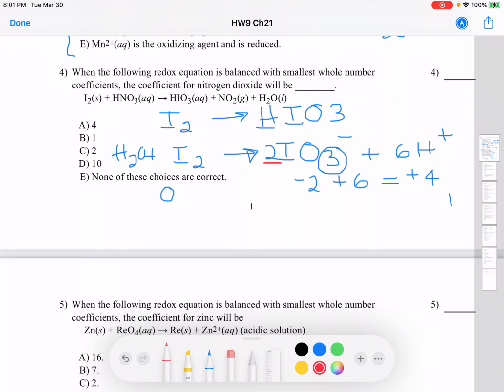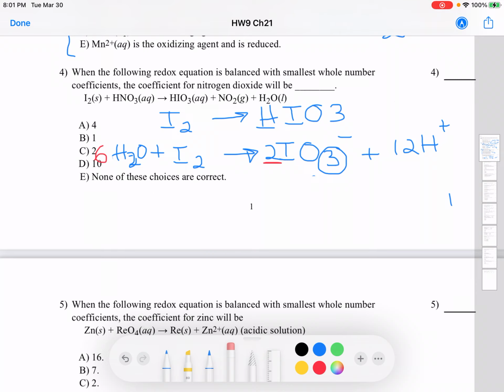So 2 times 3 is 6. So this should be 6 water instead of 3 water. Plus 6 water molecules. So that will make it 2 times 6, 12 hydrogen ions, right? That changes it. Plus 12 hydrogen, 12H plus. Okay.